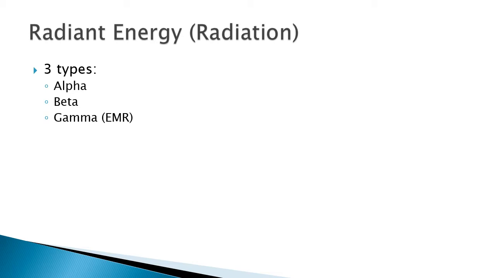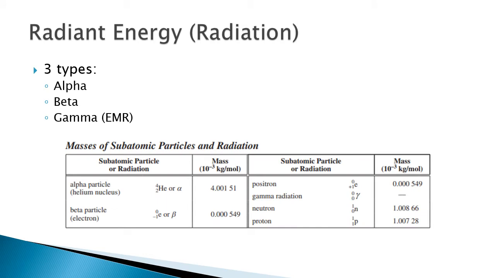the EMR spectrum. Here, right from our data booklet, you can see that there are actual alpha particles and what they exactly are: a helium nucleus. We're given the exact measurement of it, how it's denoted with that little alpha symbol, and it has a mass because helium does have a mass.